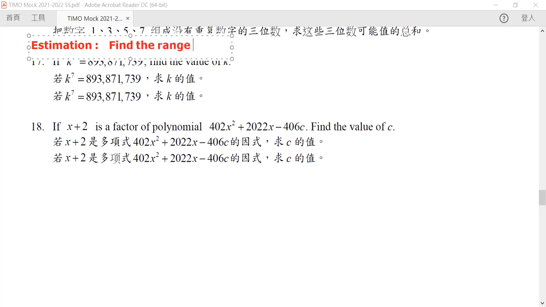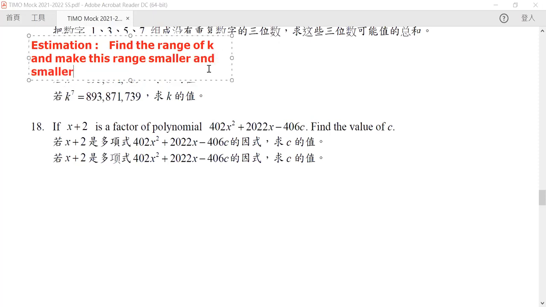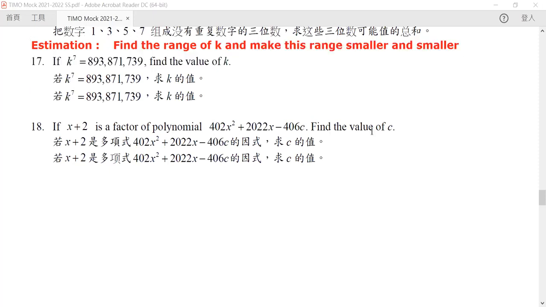Find the range of this number first. And then make this range smaller and smaller until you get your number. Now, later on, we will talk that if the range is small enough, then you can use some other method for us to find out the number. Now, let's go back in here first. We know that our k to the power 7 is like this.